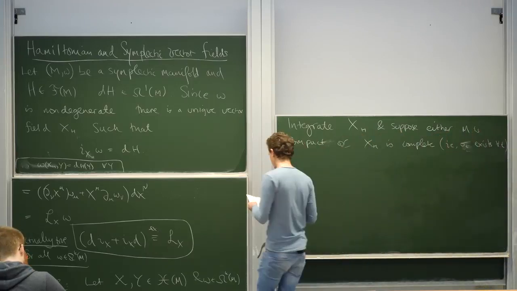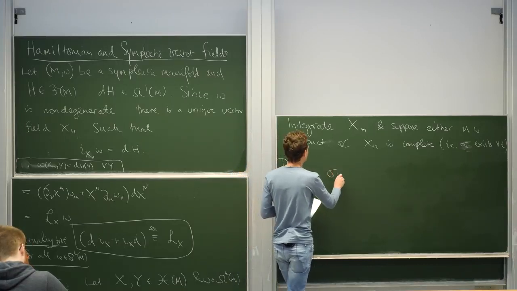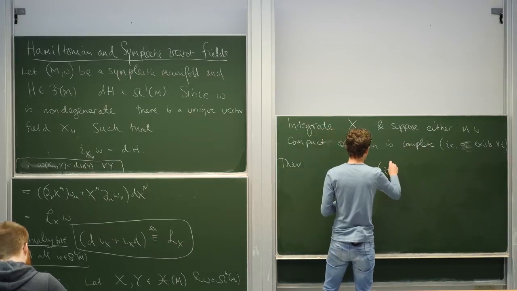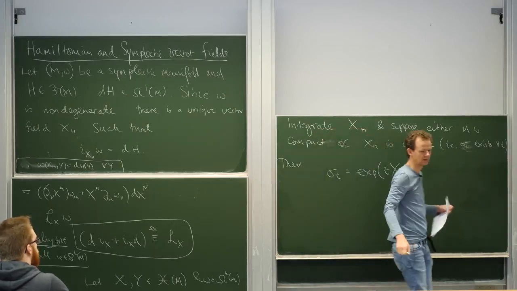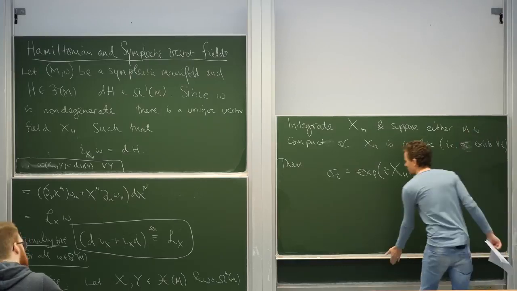So suppose either of these two conditions, then we have this flow coming from this vector field, which in turn comes from this function h.